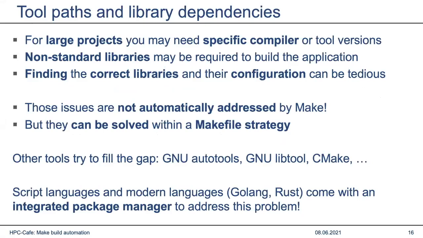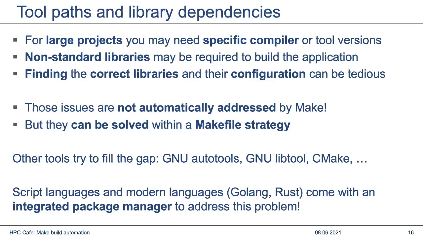And to find the correct libraries in the configuration, this can be a difficult problem. And Make does not provide any automatic mechanism to address those problems. Of course, you can implement your makefile to solve those issues, like by specifying dependencies explicitly, but it's not automatic.